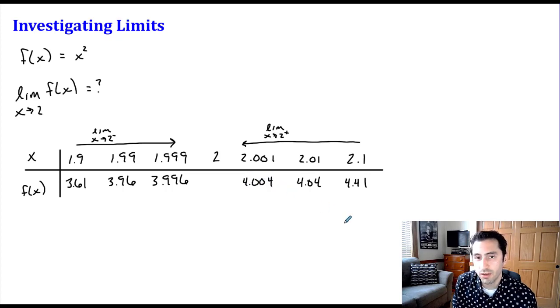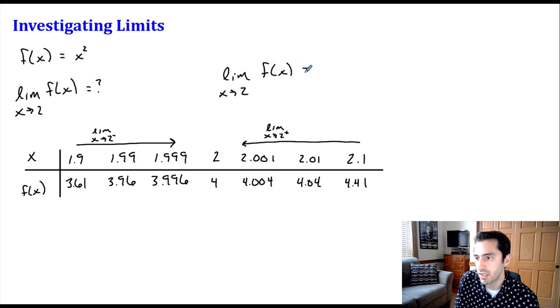So again, just like the left-hand side, on the right-hand side, as we're plugging in values for x that are getting closer and closer to 2, it appears that the values for f of x are getting closer and closer to 4. So because coming from the left-hand side and from the right-hand side, we appear to be approaching the same number, the limit of our function as x approaches 2 is equal to 4.